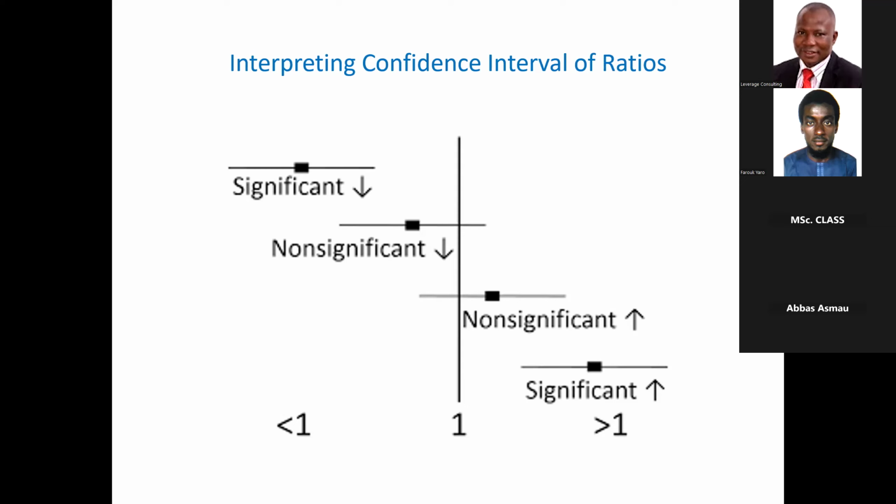What it is telling you is that the risk among the exposed is smaller in value than the risk among the non-exposed. That shows that the people that are not exposed have greater risk. I don't know if you understand me now. Yes, sir. Very well. Thank you, sir. That's great. Any other question?